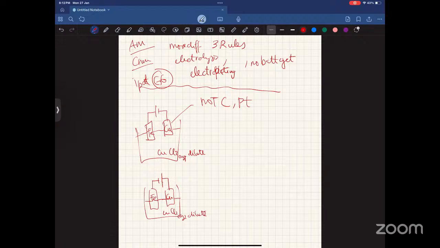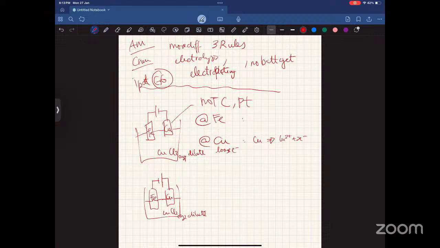Is it the copper that loses electrons? Okay. Now I'll write Fe and Cu. You're saying that at Cu it loses electrons. I'll write it down. Lose electron. Then it forms Cu2+. Then at the iron, does it gain?